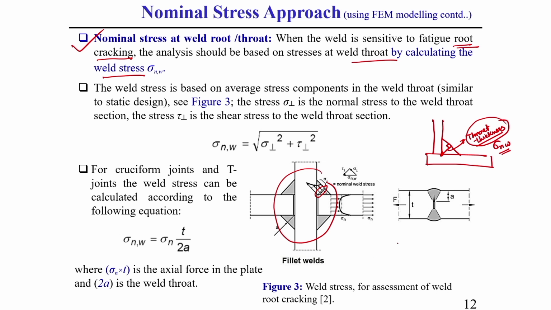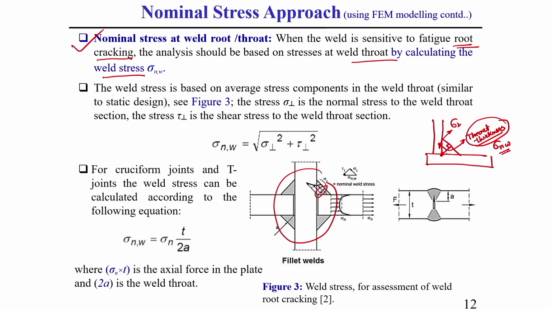In this throat area, one stress component will be the normal stress component. Let us consider the average normal stress component, and I am writing it as sigma inverted T, okay.